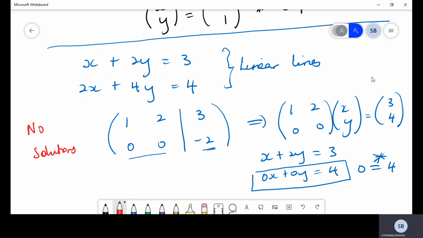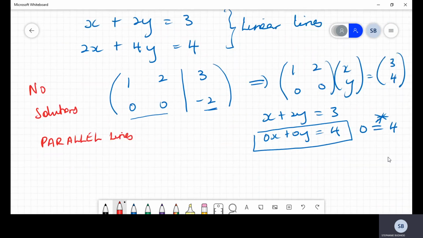Whenever we are trying to find solutions for a system of two linear lines and can't find any, it means that these lines are parallel, or there is no intersection between them. So, parallel lines. That's why you're not achieving a solution on a graph; there is no intersection for a value of x and y to happen. Let me show you the next case scenario that can also happen.